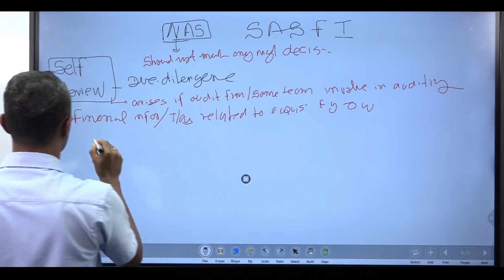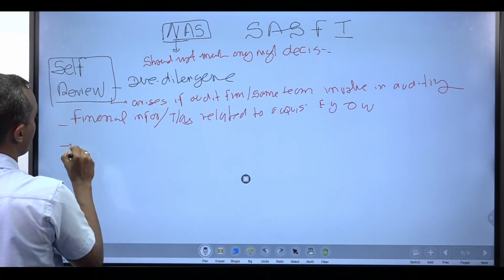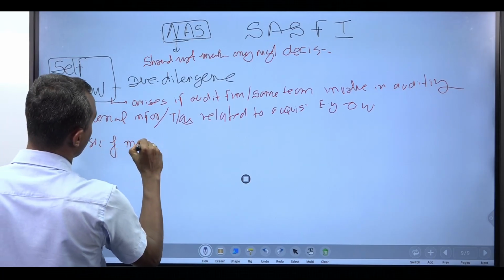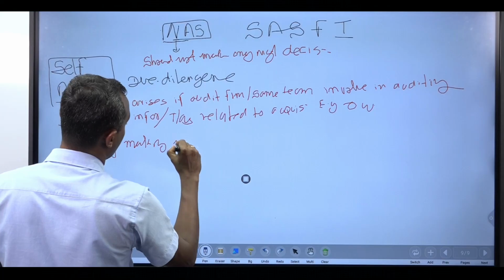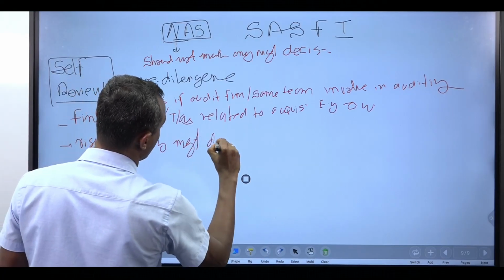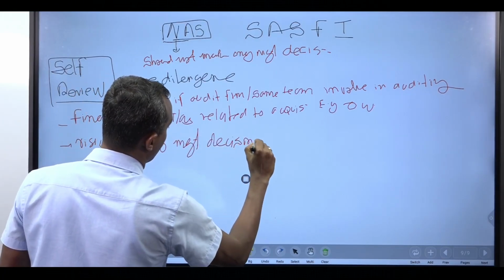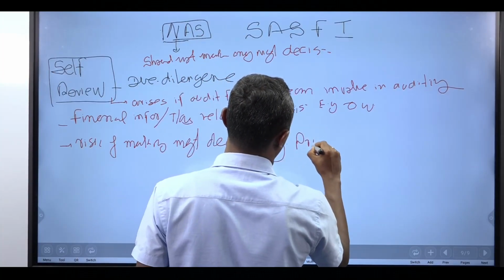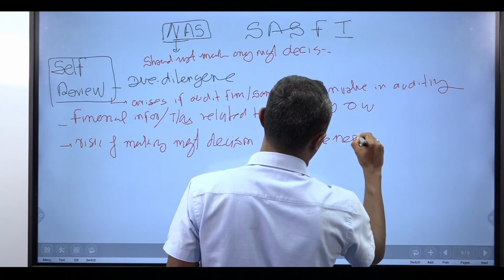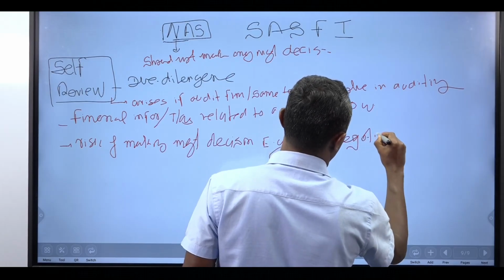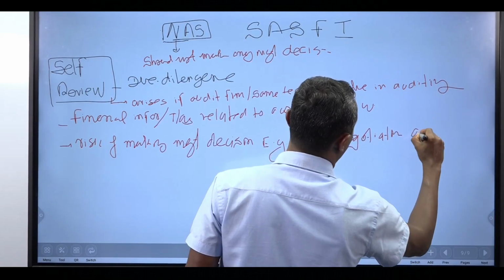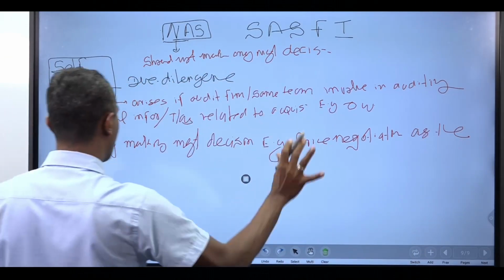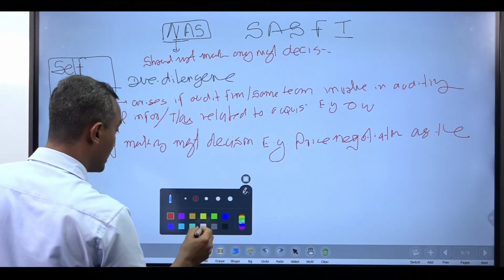So that's the self-review threat, right? The other one, you can write, is another connected risk of making management decisions. Example, price negotiation. Fee contingent we will put separately. Why?